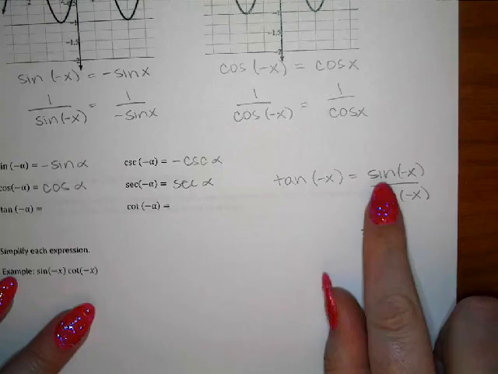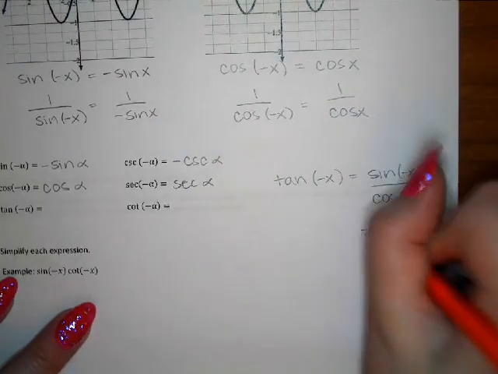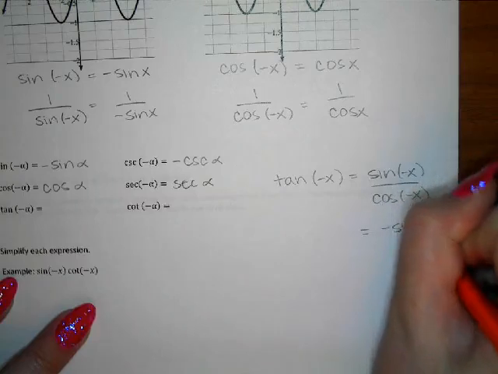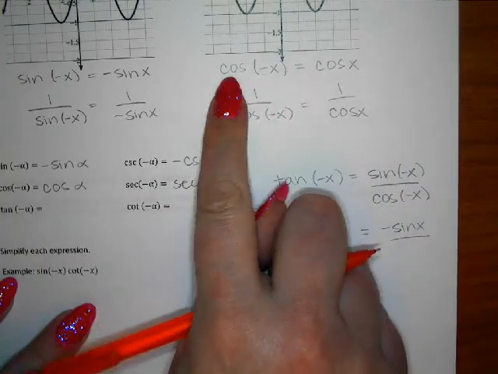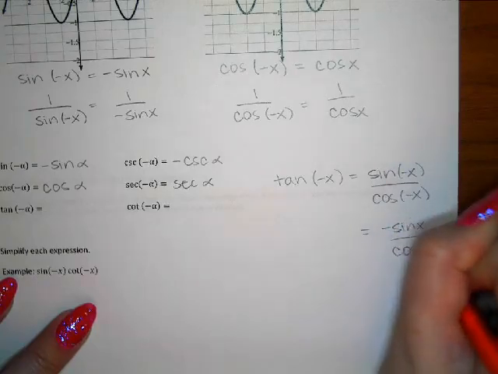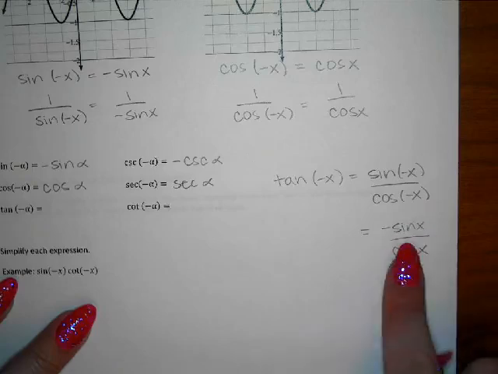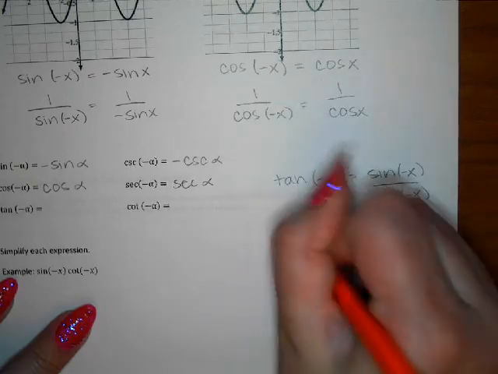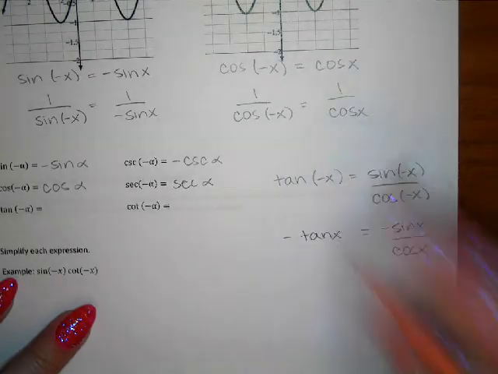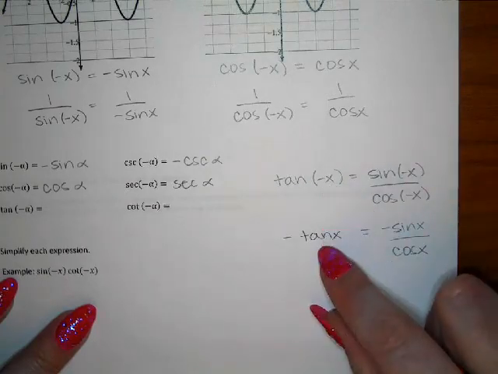Cos of negative x is just positive cos x. And so what I end up with is sine over cos, which is tangent, with a negative in front of it. So if I plug a negative into tan, I get the negative version of tan, which means that tan is also an odd function.